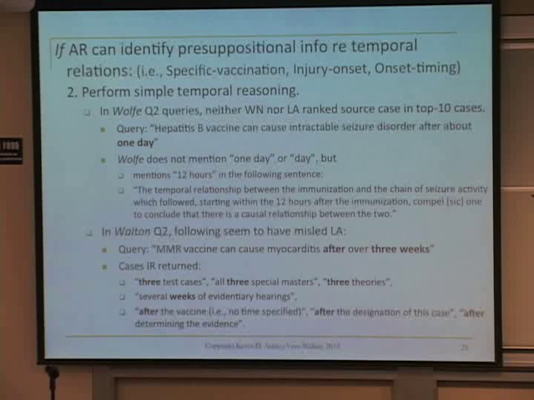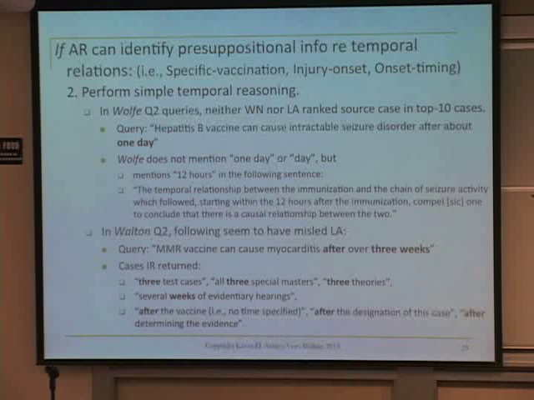The query was, hepatitis B vaccine can cause intractable seizure disorder after about 1 day. Wolf itself does not mention 1 day or day, but it mentions 12 hours in a sentence where it says that the injury occurred 12 hours after the immunization. That kind of simple temporal reasoning could improve precision.